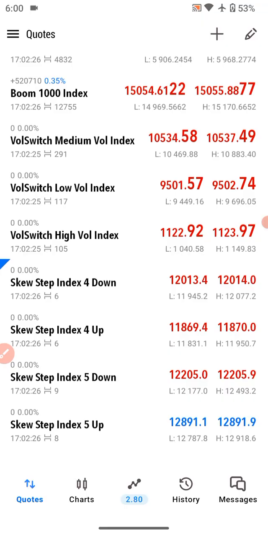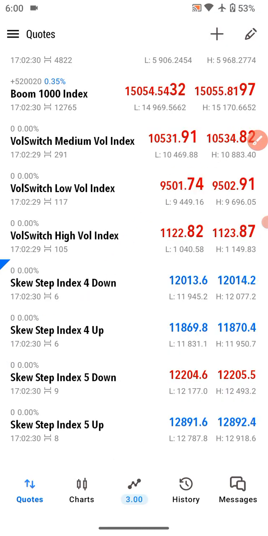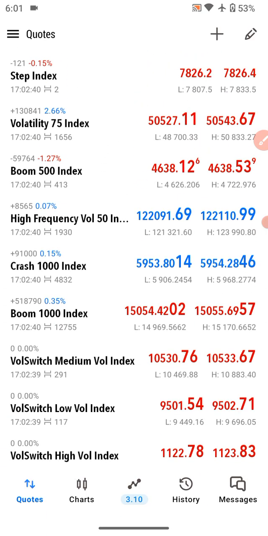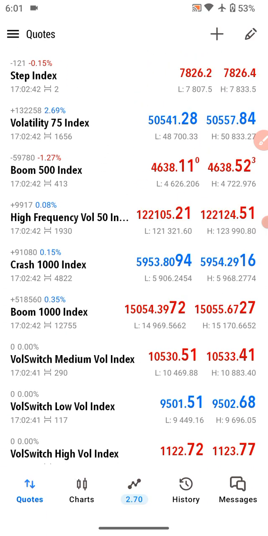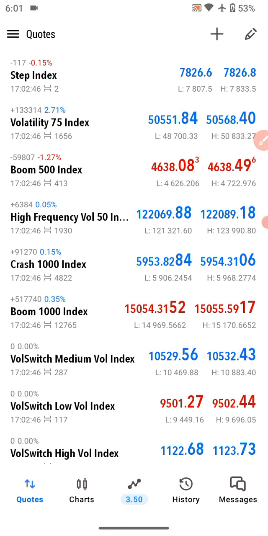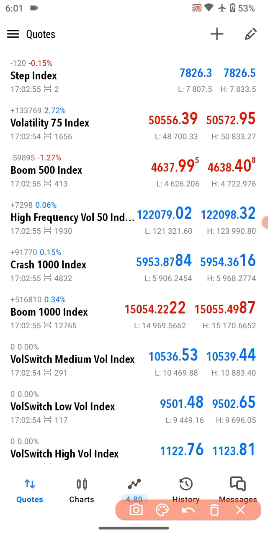So I'm trading with this Step Index. Let me look. Now, there's something I want you to notice about markets and their spread. Take a look at the spread. You know what a spread is, right? Let me draw this so you see it.